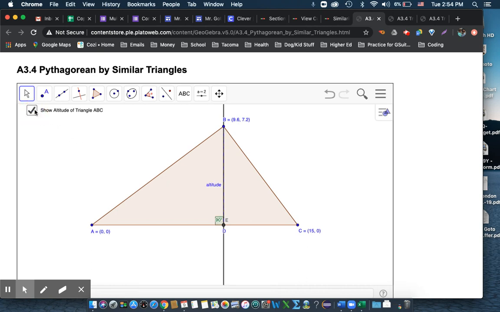All right. Now what this does, what an altitude does to a right triangle, is it creates three similar triangles. Triangle 1 is the original triangle. Triangle 2 is the medium-sized triangle. Triangle 3 is the smallest of the three.